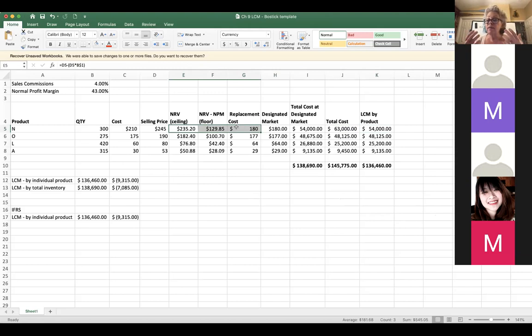We've got some more calculations to do, which calculate NRV minus your normal profit margin, and then replacement cost you're given. Determine the middle of those three numbers, and that becomes your M that you're going to compare to cost in your lower of cost or market. So is everybody good with that?